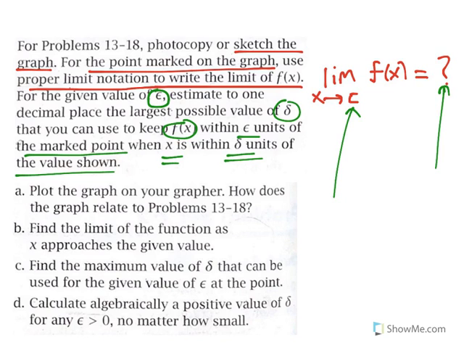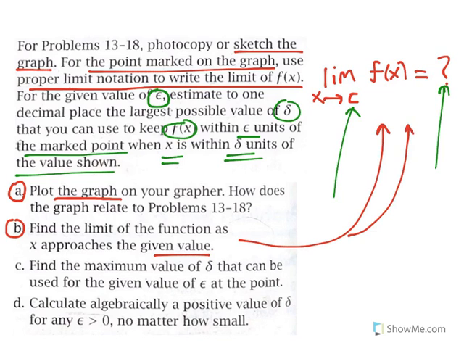For the 2 examples that we look at today, we're going to look at the graph, which I have done on Desmos, and we're going to find the limit of the function as x approaches the given value and write that limit using proper limit notation. We're going to find that limit graphically, as we did yesterday.